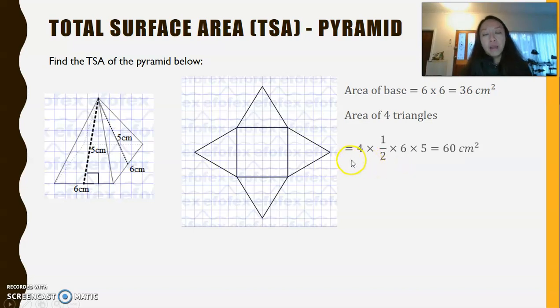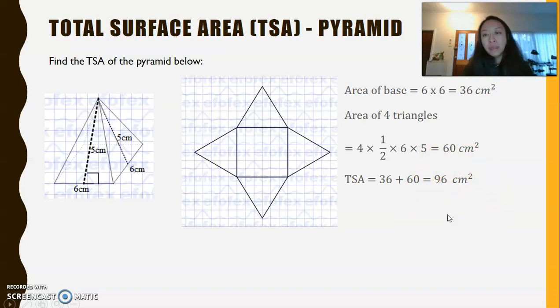All I have to do is 4 times half times base times height, which is 60 centimeters squared. To find the TSA, I just add the area of the base and the areas of the four triangles together, and this will be the value of my TSA.